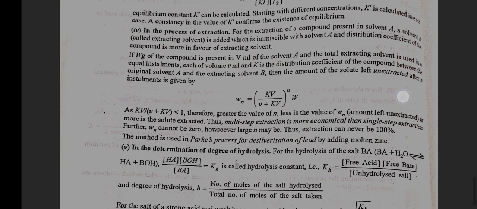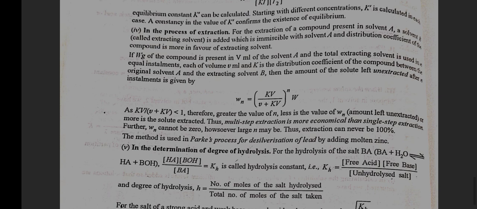Fourth, in the process of extraction. For the extraction of a compound present in solvent A, the solvent called extracting solvent is added, which is immiscible with solvent A, and the distribution coefficient of the compound is more in favor of the extracting solvent.